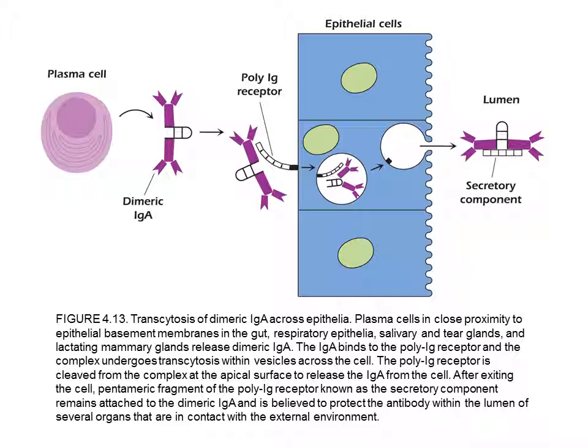Then we have a very specific receptor, it's called polyimmunoglobulin receptor. So this receptor is expressed on all those epithelial surfaces of respiratory tract, genital tract, GI tract, nasal tracts. Wherever there's an epithelium, there is a receptor over there on the inner side of this epithelium.